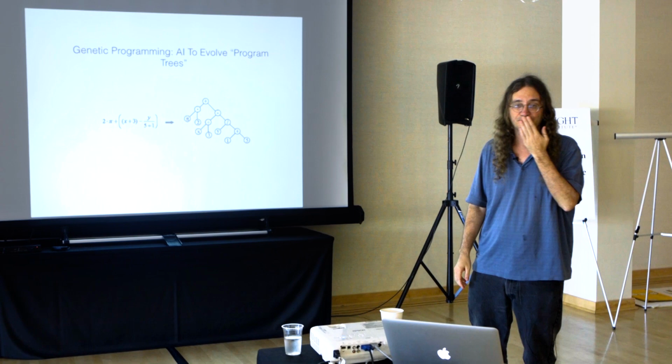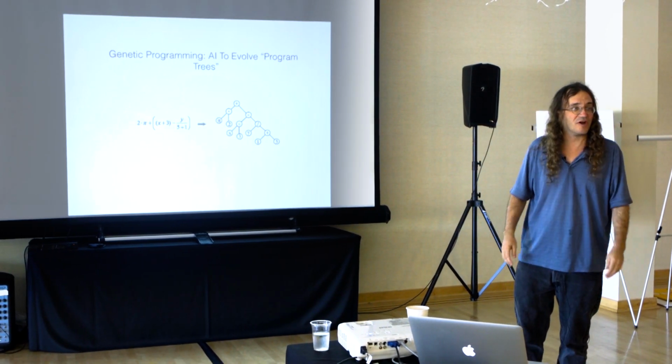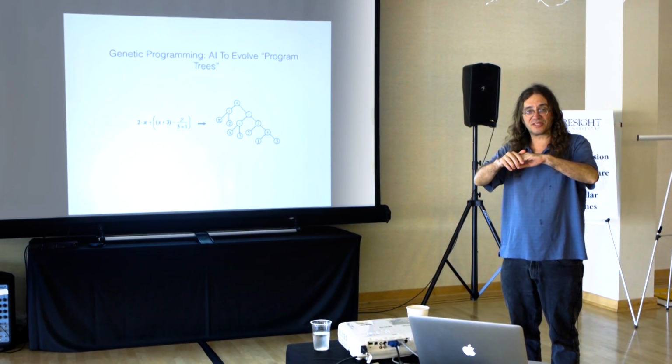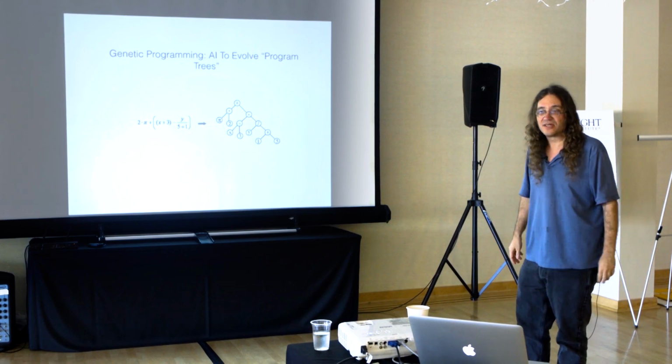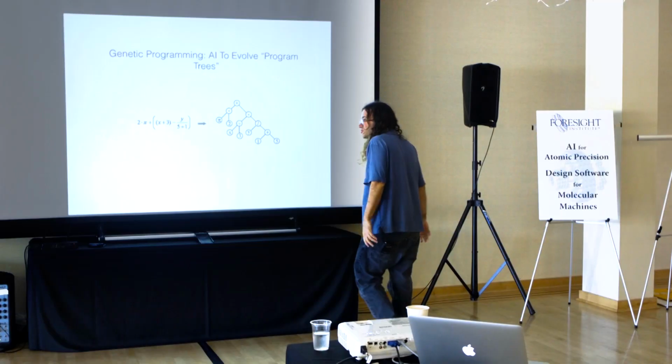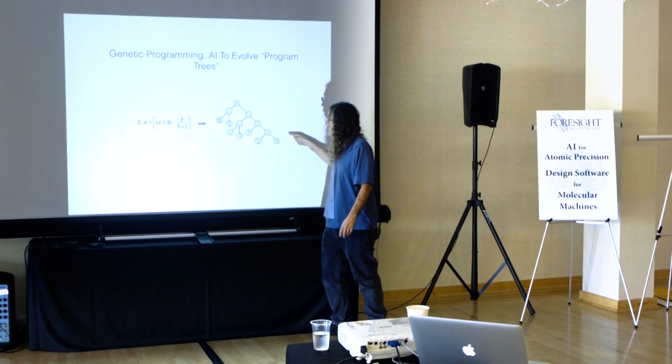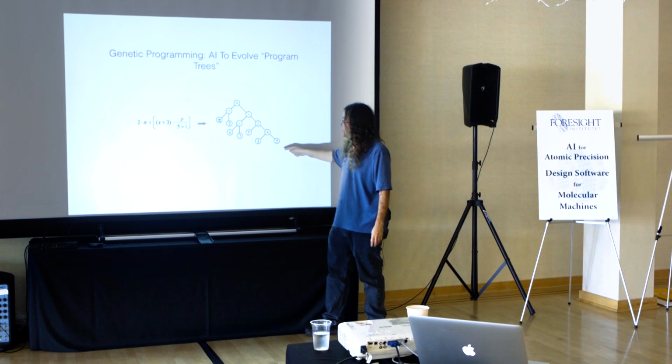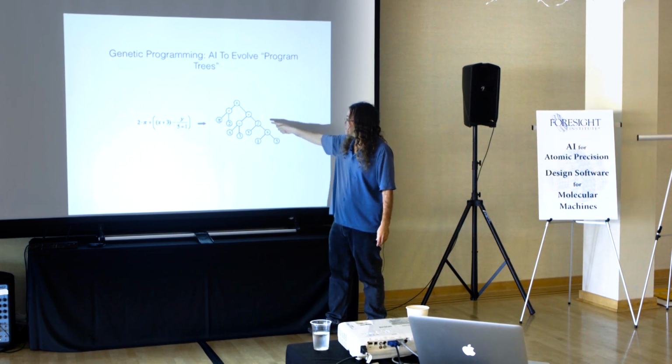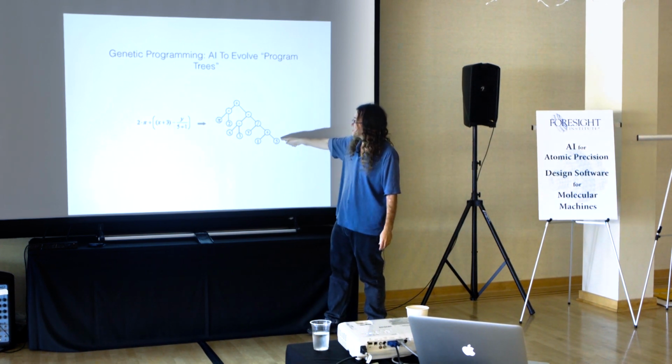One of them is what's called genetic programming. Genetic programming is a method of automated program learning which emulates the process of evolution by natural selection. Usually what's meant by a program in genetic programming is a little tree. In this case, this is a program with pluses, x's, and 2's.